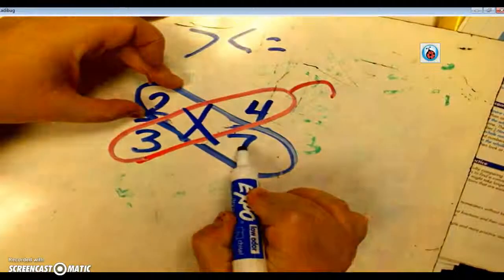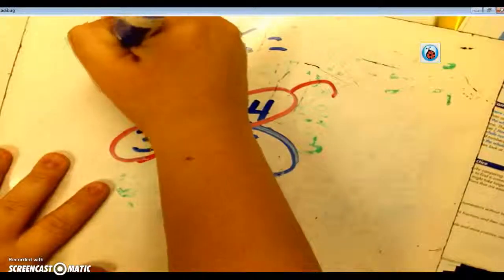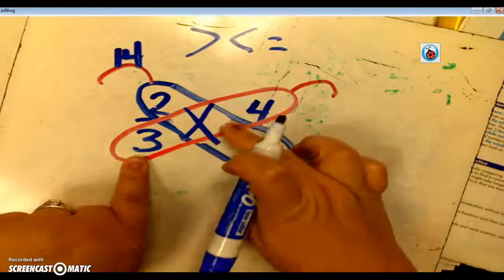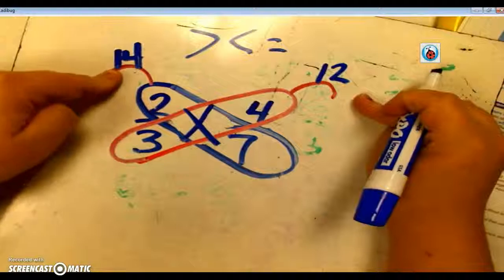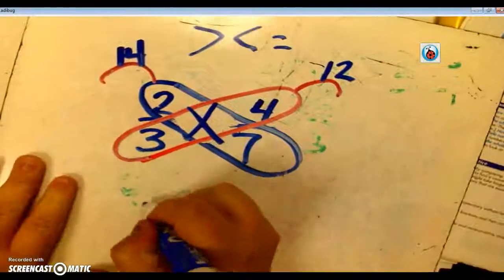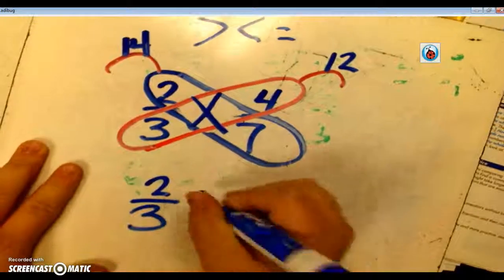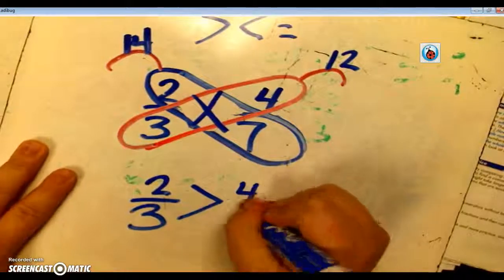So 2 times 7 is? 14. 3 times 4 is? Okay, is 14 larger or is 12 larger? So 2/3 is greater than 4/7.